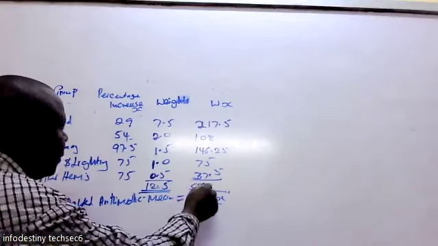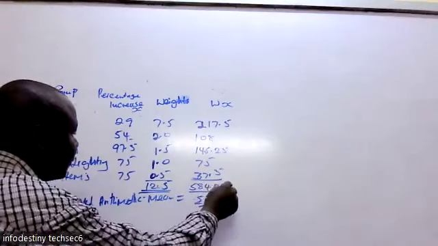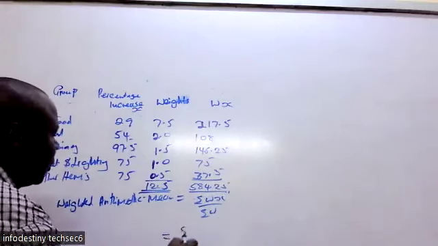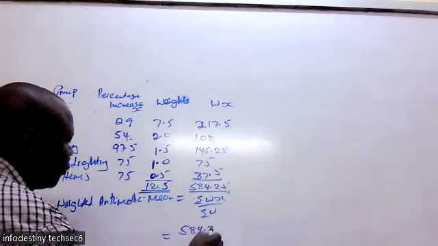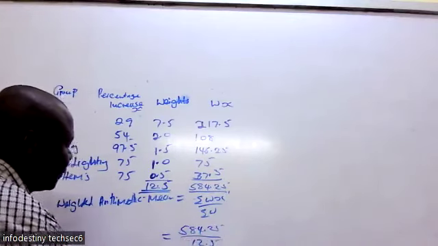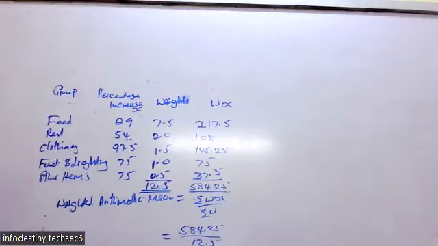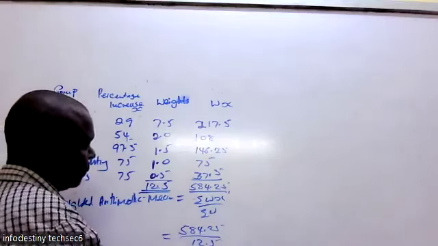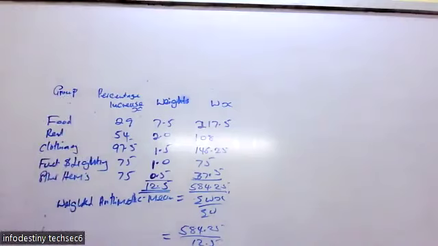Five. Then you say the weighted average and weighted arithmetic mean should be equal to 584.25 divided by 12.5, which is 46.74.